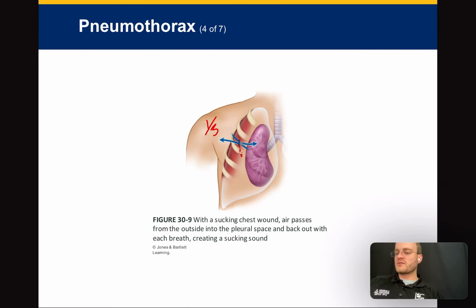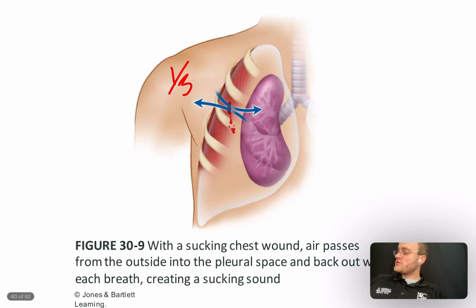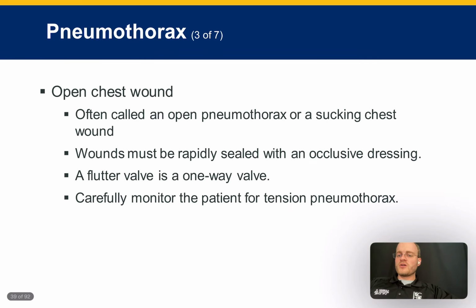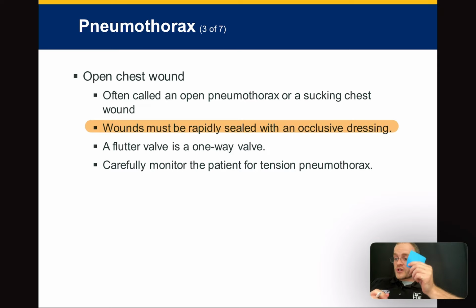And this is particularly bad. But what you can do, one of the immediate treatments, is you just slap a chest seal on that. So you take a chest seal, right, and you slap it on there, and you close it on all sides for now, and you will close that off, okay? And so the wound must be rapidly sealed, an open chest wound with an occlusive dressing, okay? A big piece of tape.